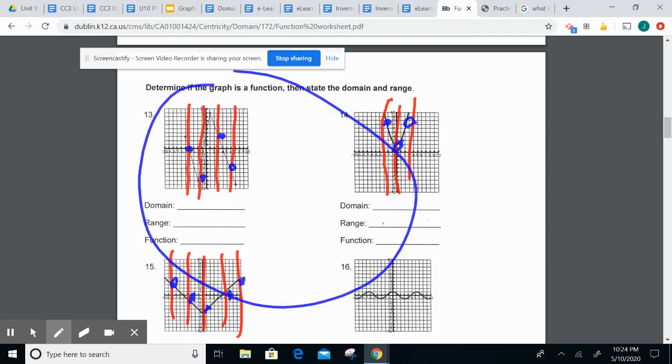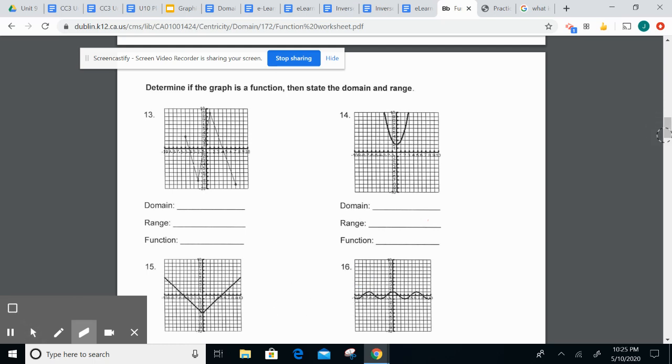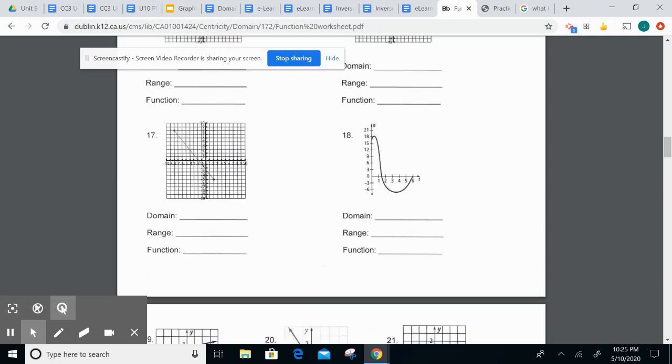I want to get to an example where one is not. I think it'll be pretty obvious to you when it's not, because what you see is kind of looks like the thing is on its side. You'll see overlap. An example of not a function on a graph would be, come on. These are all functions.